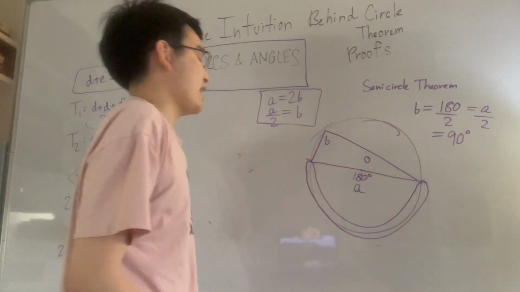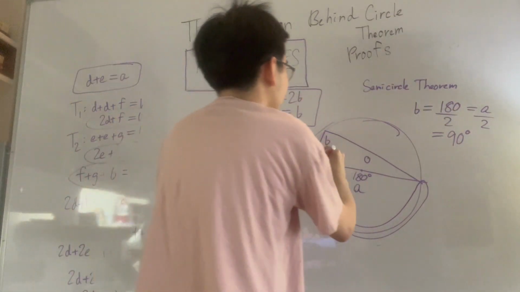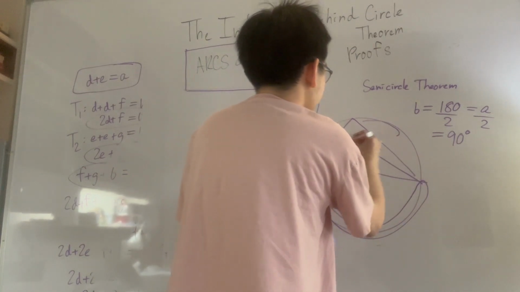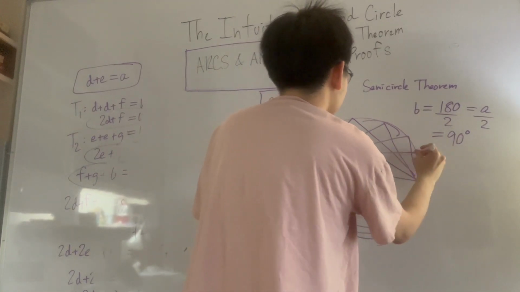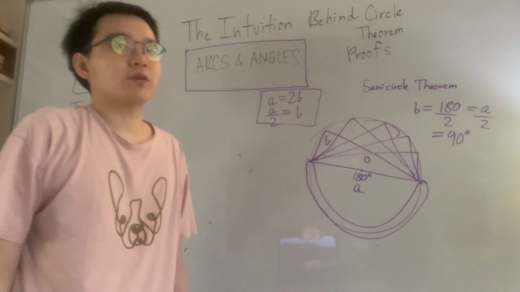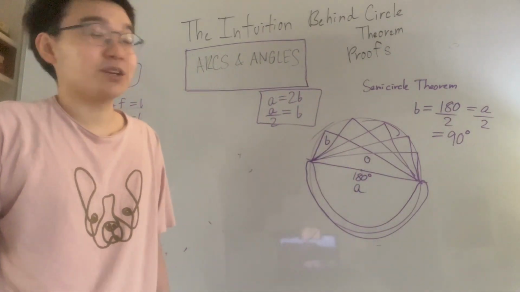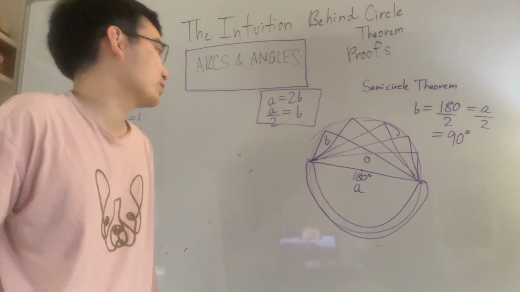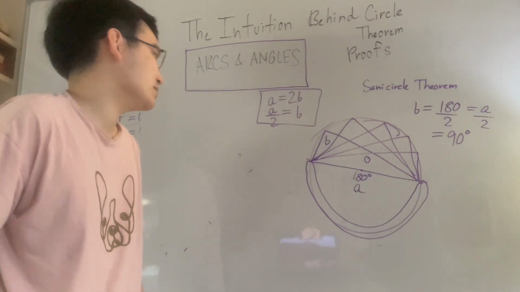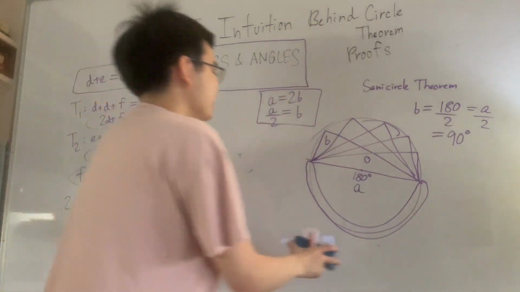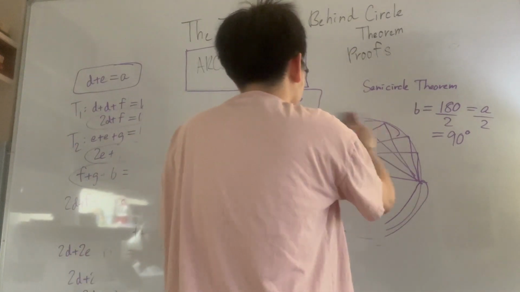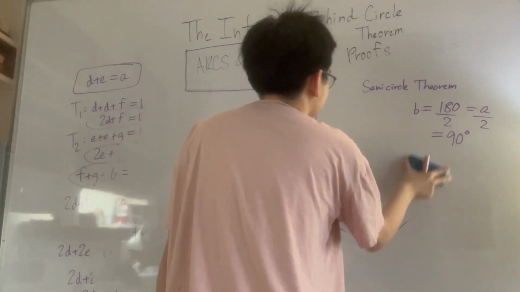So if I have to draw any other angle along here, say like this, or this, or this, or this, as you saw in the thumbnail of my art over here, that's 90 degrees. All those angles are 90 degrees, as bizarre as that might seem. Good, we got the semicircle theorem for free. It's much faster.